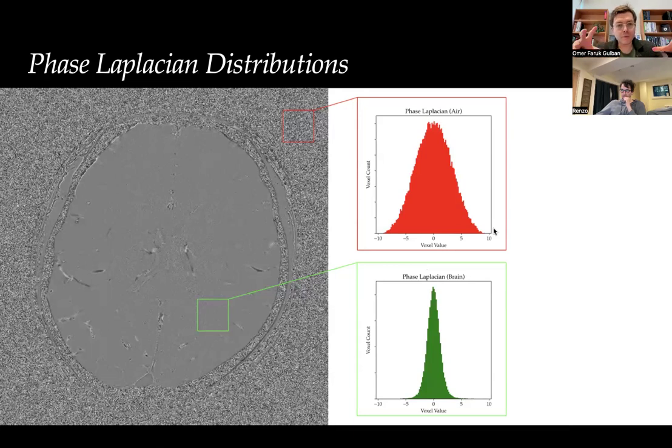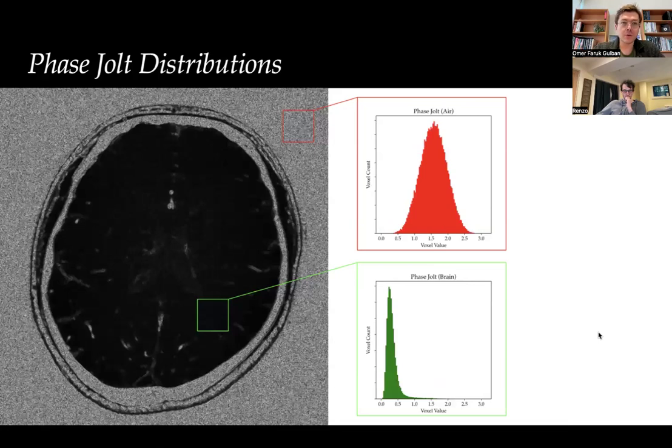I'm showing you this to clarify what is the difference between this phase Laplacian and the phase jolt I talked about. In the air, the phase Laplacian is zero-centered, and there's a thick distribution. In the signal area, high SNR area, it is zero-centered and it is a narrow distribution. Whereas when we switch to phase jolt, it's substantially different. In the air area, it is half pi centered, thick distribution.